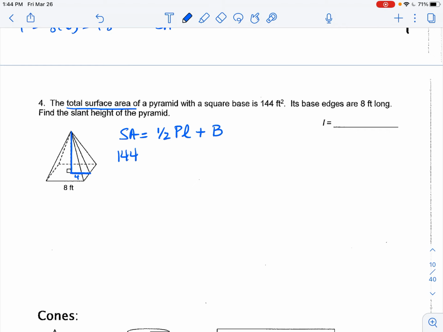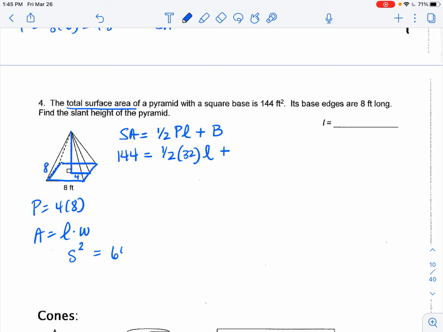So if I know that my total surface area is 144, the perimeter is 4 times 8, so that's 32, and we need to find the slant height, and then the area of the base. Since this is a rectangle, I'm just going to go length times width. Actually it's a square, so I could just do side squared. Anyway, I'm going to get 64.